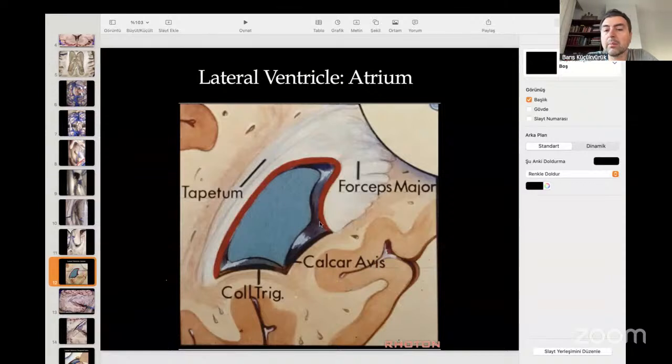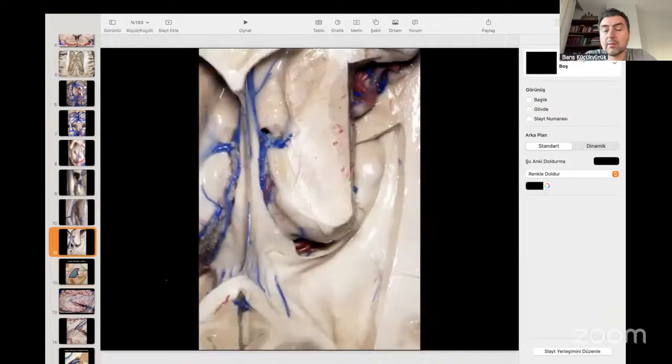And there is a bulb of corpus callosum, which is formed by the fibers passing through the splenium of the corpus callosum, namely the forceps major fibers.